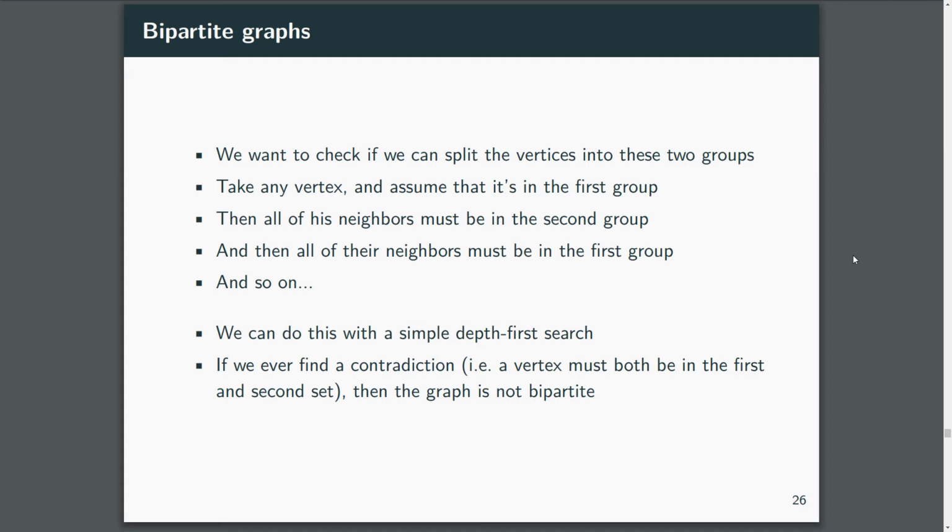So we just take any vertex as a starting point, and we assume that it's in our first group. And then all of his neighbors must be in the second group. And then all of the neighbors' neighbors must be in the first group. And so on. And you can do this with depth first search. And simply what you do is if you ever find a contradiction. So if you ever end up in a situation where you have to say, this neighbor should be in group 2, but it already has group 1 assigned to it, then you know the graph is not bipartite.